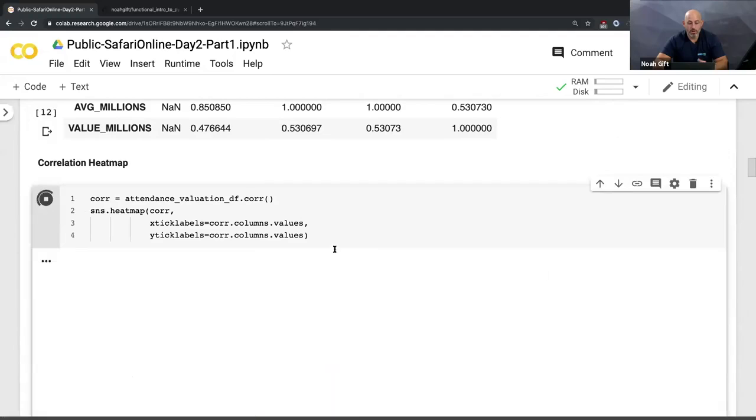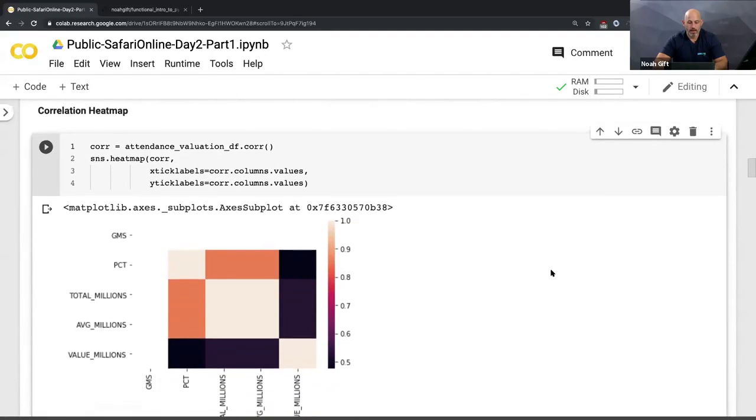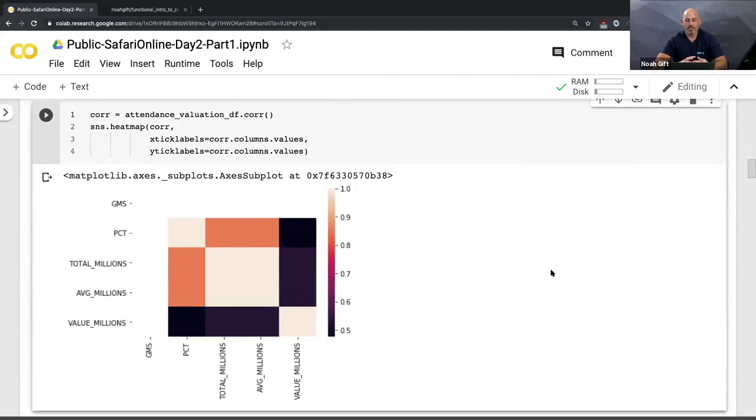Another thing you can do is a correlation heat map. A correlation heat map is a visual way of looking at that same data. So in this case, if we look at the valuation here, you can see that the more orange it is, the lighter it gets, the more highly correlated it is. In this case, this is just showing that the same thing is correlated against itself, so that's why you see a 1 here.